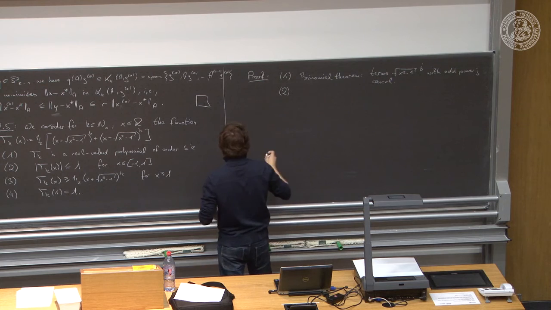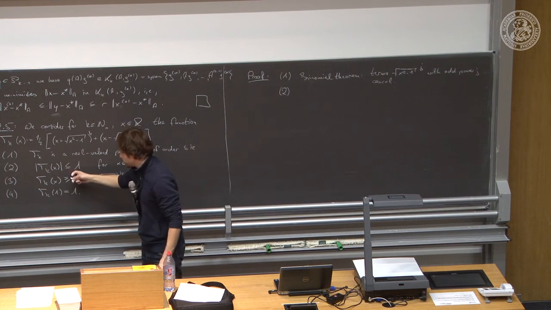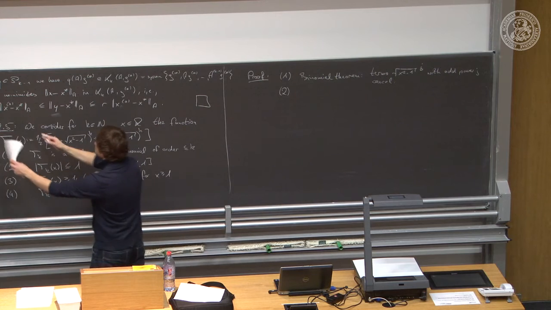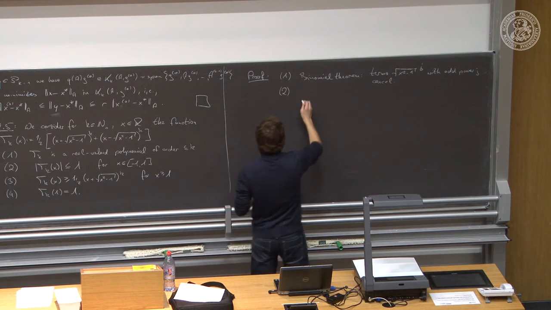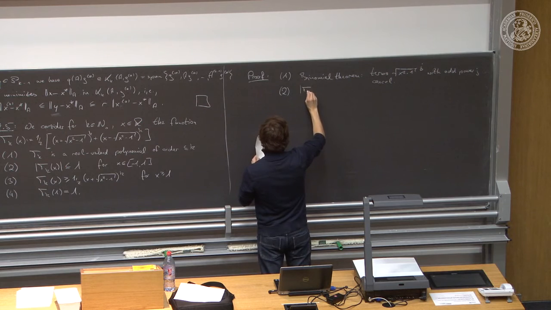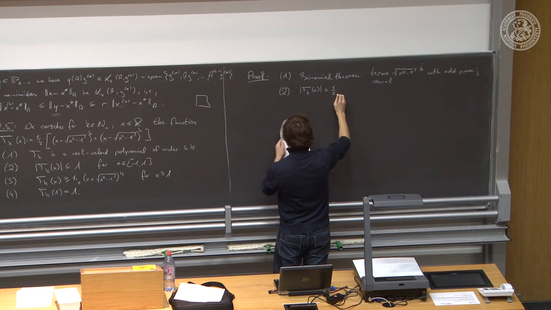So the second is that indeed we can estimate it here with 1. We take the absolute value here. By the triangle inequality, we obtain that the absolute value is less than 1/2 times the sum of the two absolute values.